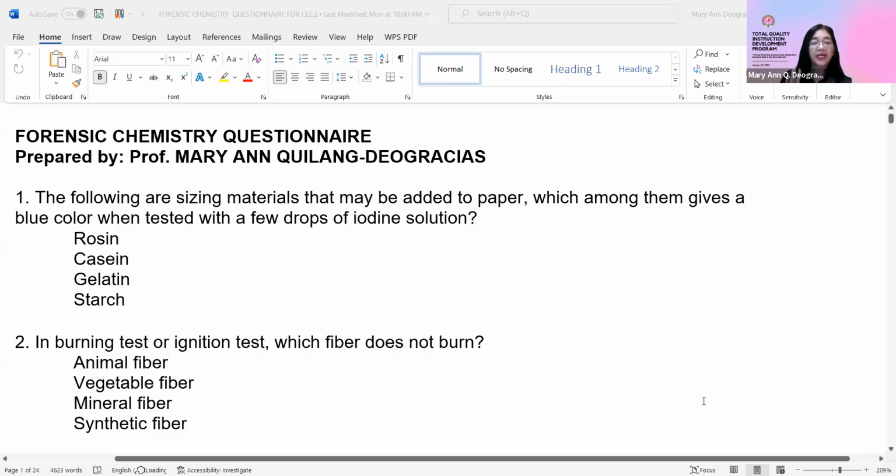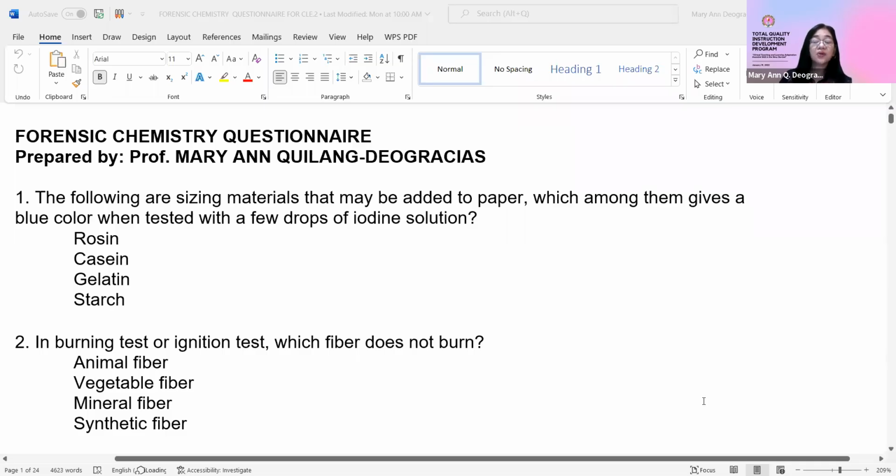My discussion last time is that sizing materials are those components of paper which improve the quality or the texture of the paper.